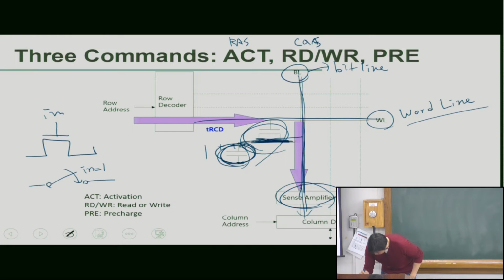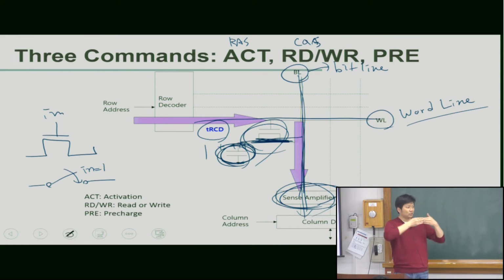Okay, so eventually the value of this cell will be read, propagated to the outside by the sense amplifier, and it'll take a time called tRCD. By the way, tRCD basically measures how much time it takes to activate a row.